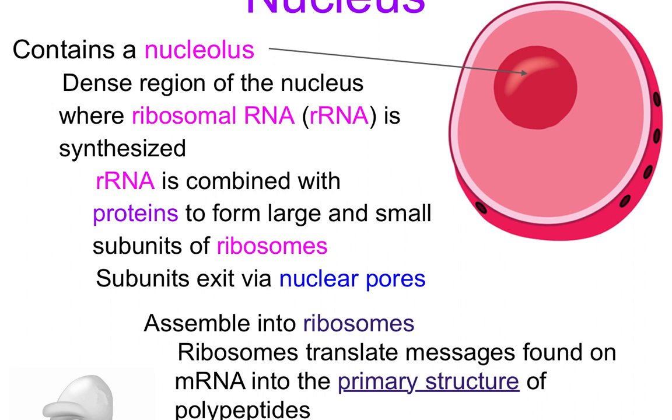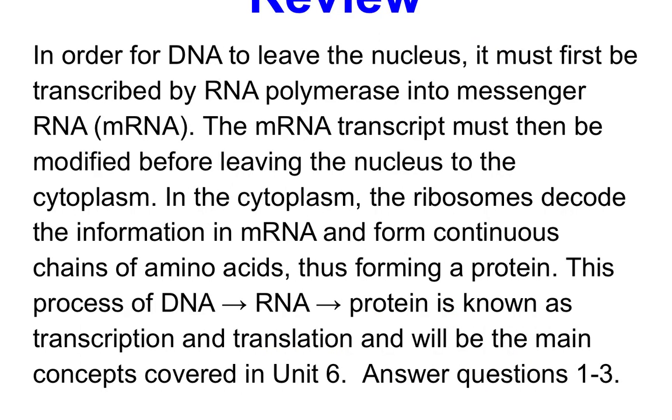as polypeptides. So I said a mouthful, so let's just recap. In order for DNA to leave the nucleus, it must first be transcribed by RNA polymerase into messenger RNA, known as mRNA. And the mRNA transcript must then be modified before leaving the nucleus to the cytoplasm.